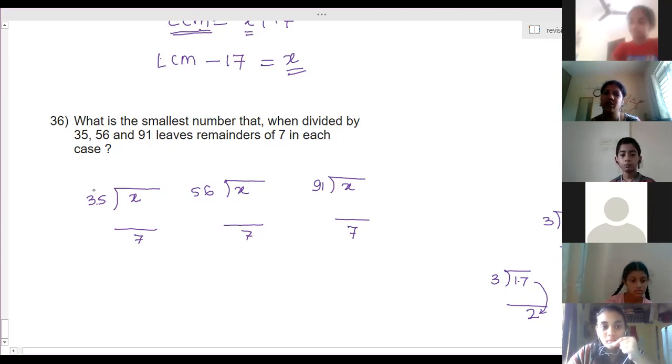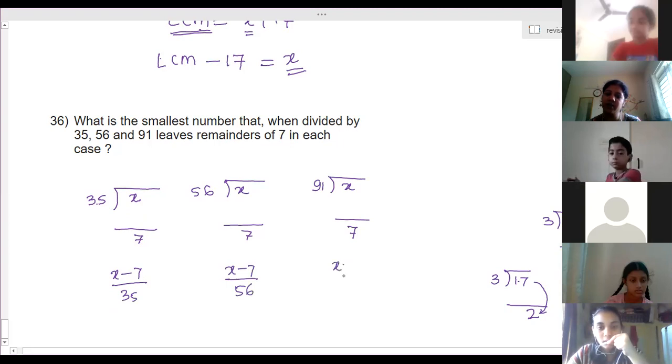Right? So now x is a number which is not divisible by 35. It is leaving a remainder 7. So how to find a number which is divisible by 35 completely? x minus 7. So x minus 7 is completely divisible by 35. In this case, x minus 7 is also divisible by 56, and again x minus 7 is divisible by 91.